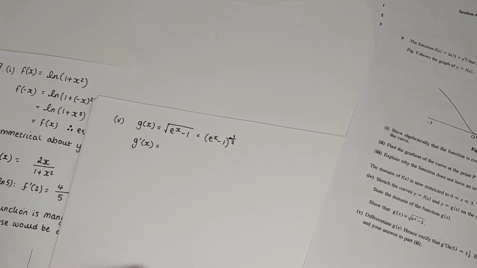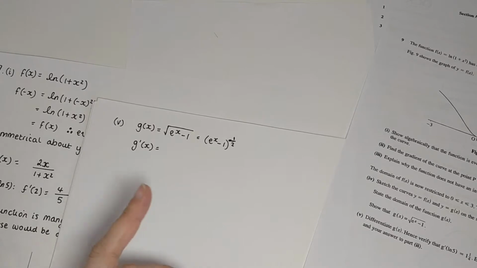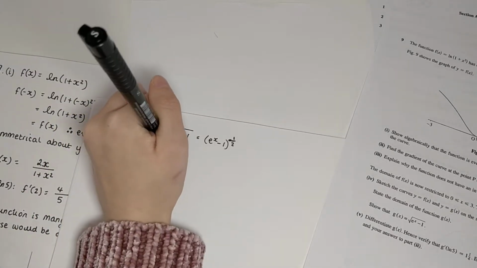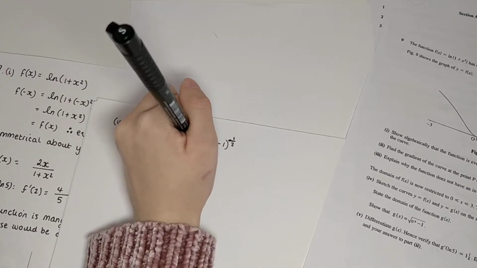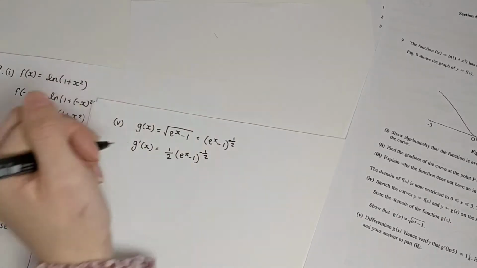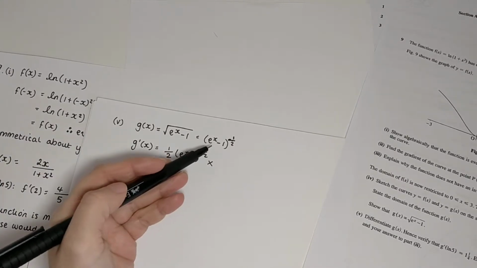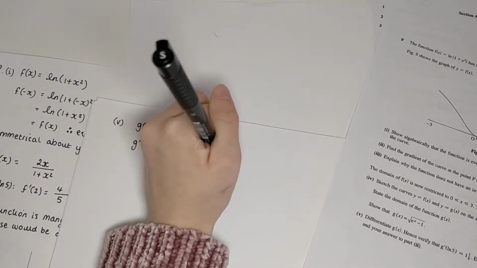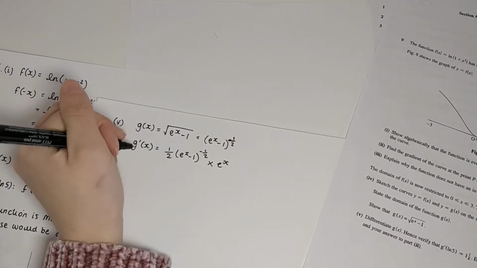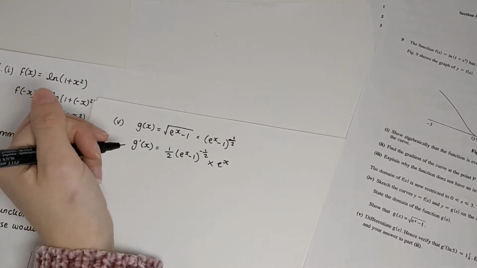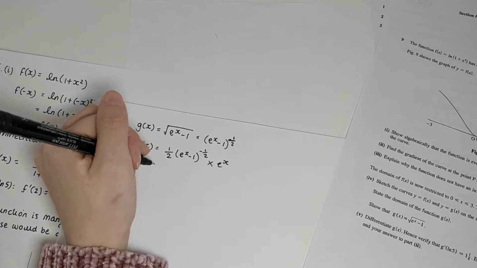Okay, so I'm going to chain rule this. So I'm going to differentiate the bracket to the power of a half, which is a half bracket to the power of minus a half. And I'm going to times that by the derivative of the bracket, which is e to the x. That looks a bit ugly, but I think I'm just going to leave it as it is.